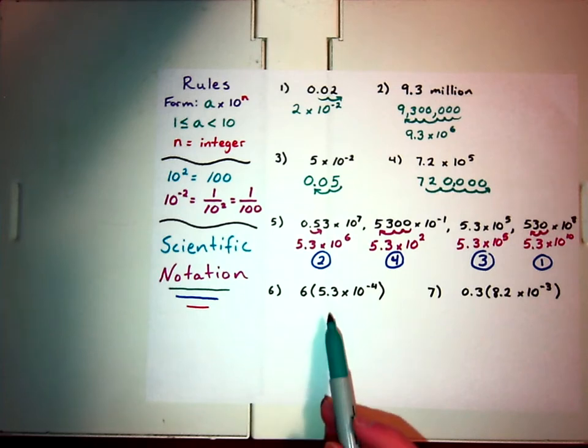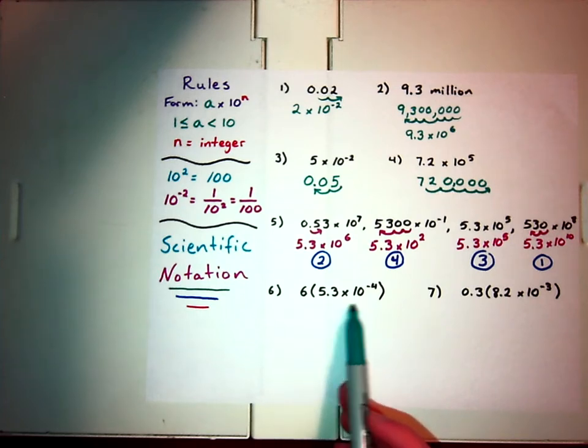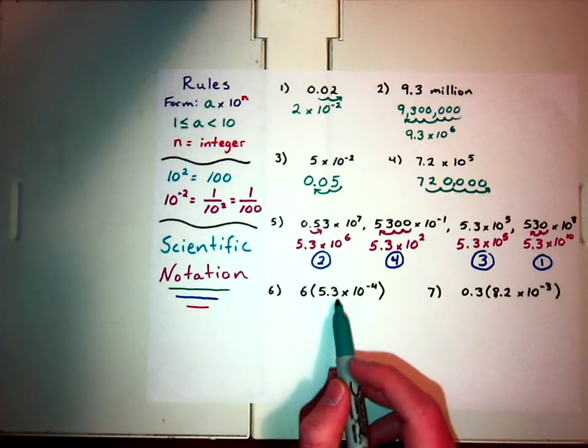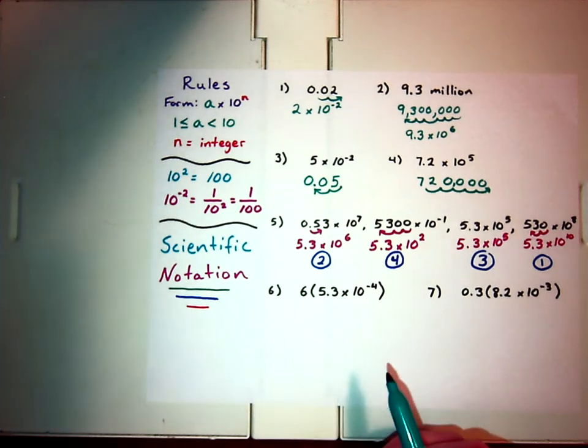So I don't need to turn this into standard notation in order to accomplish this. With the associative property, I could rearrange and I'm going to take care of the 6 times the 5.3 first.